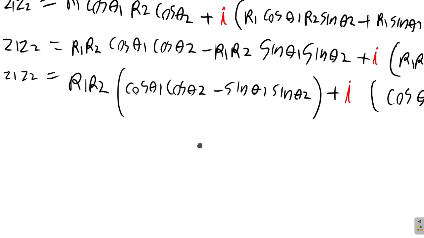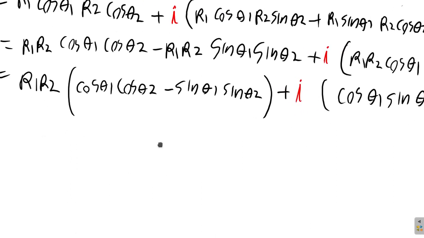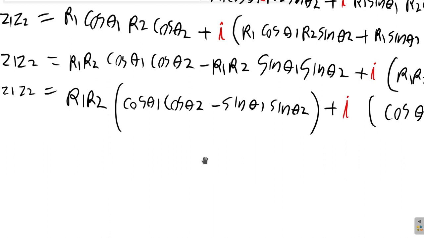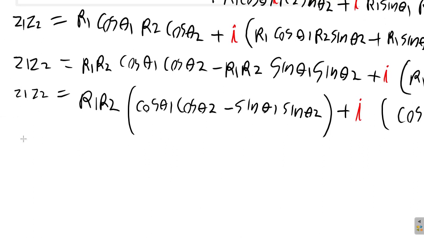Here now you have what is called a compound angle trigonometric identity. If you look that up, you can rewrite this more conveniently.